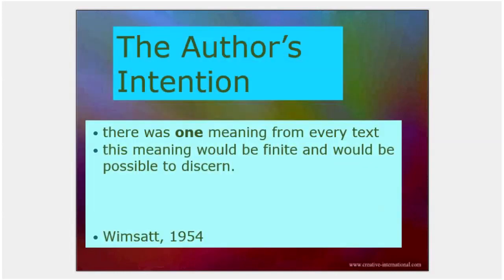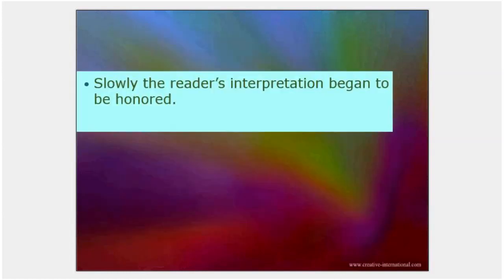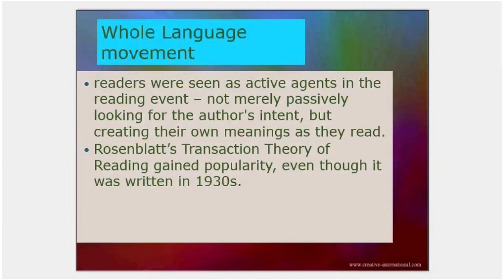In the 50s, we said that reading was the author's intention and that there was one meaning from every text. Now, from this point on, I'm talking about reading that man creates, not the inspired Word of God. So let's make that distinction there as well. But in the 60s, we slowly began to honor the reader's interpretation until we went all the way to the other side, to the whole language movement, which said that the only thing that was important was the reader.